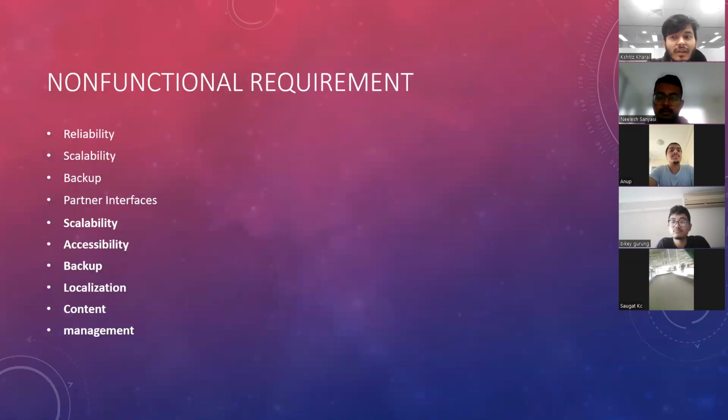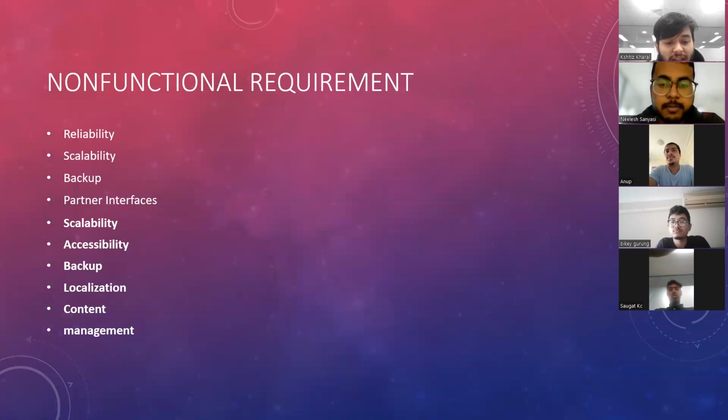Now, non-functional requirements focus on how the program is done, what is required for the functions to perform properly. The non-functional requirements of our e-commerce website are reliability, scalability, backup, partner interfaces, accessibility, localization, and content management. Our servers should be reliable, so they can withstand a longer time period.